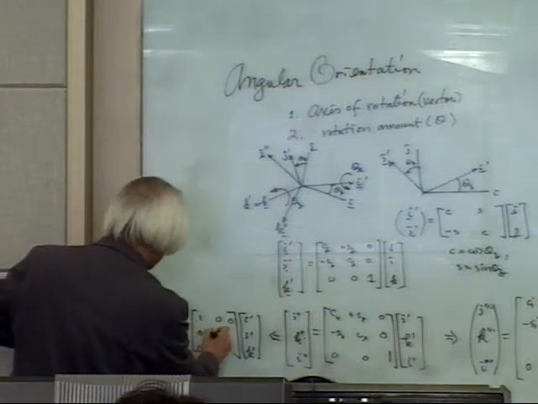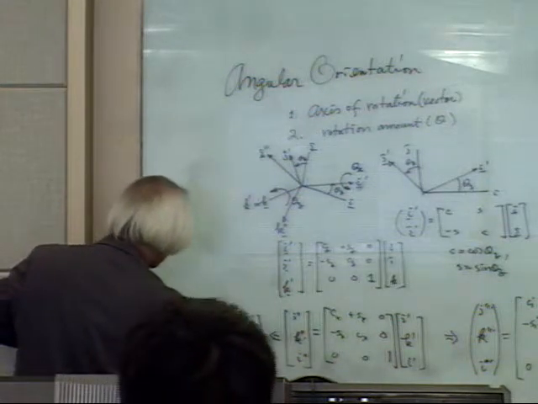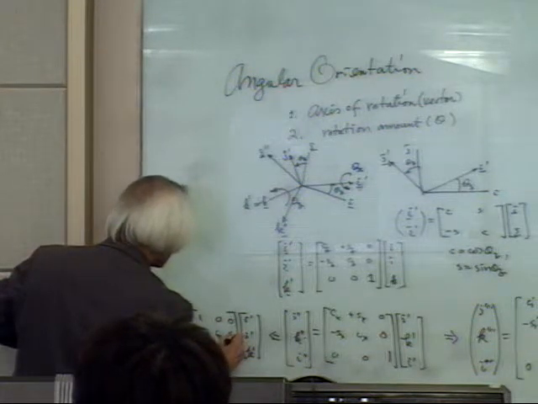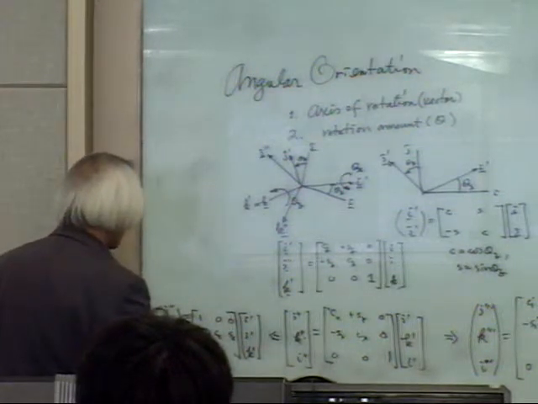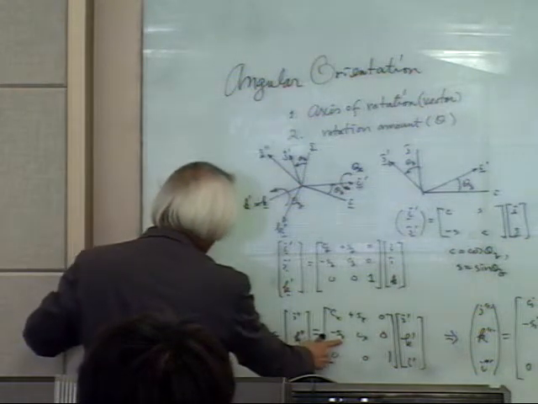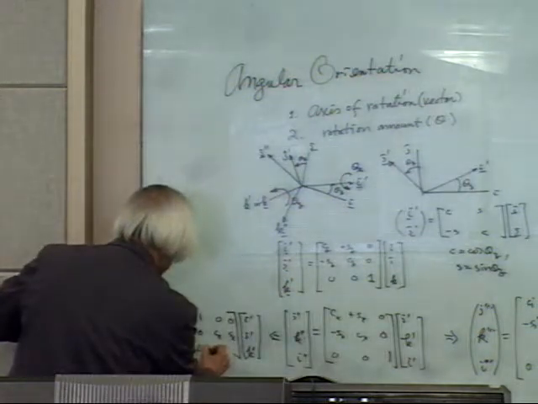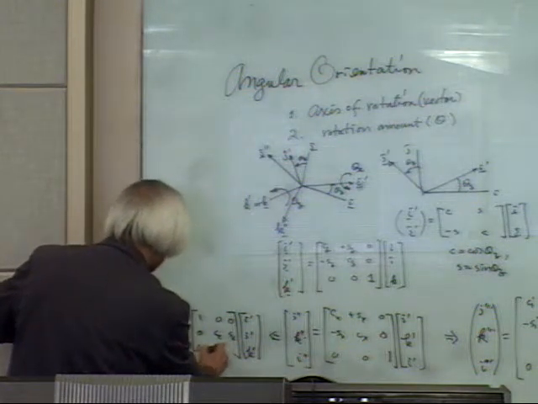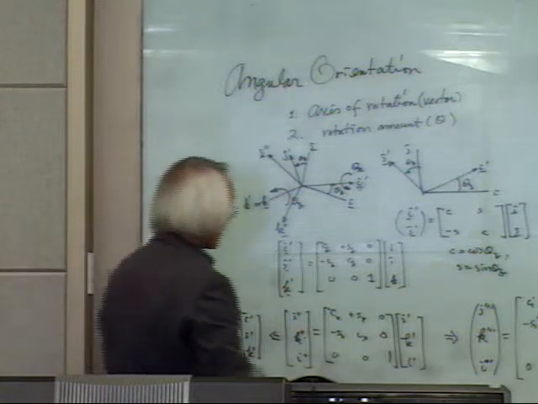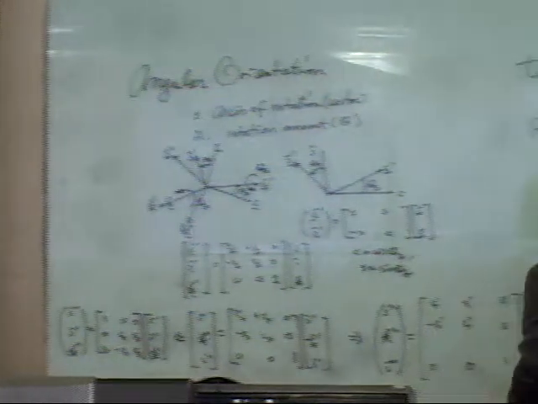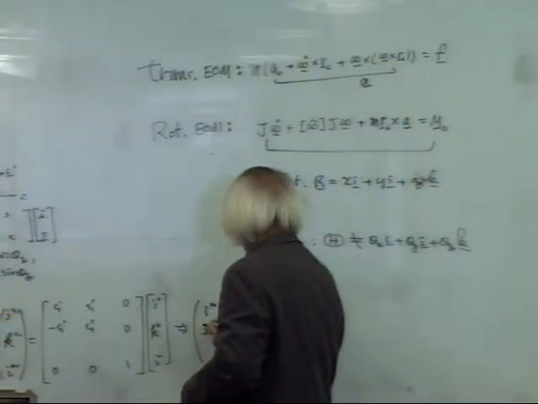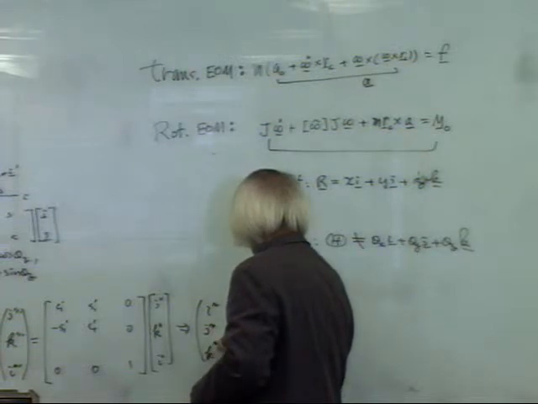So C J prime and S, this is X, like that. K double prime is minus S X J, minus S X, and C X. And this guy can be written I triple prime, J triple prime, K triple prime.